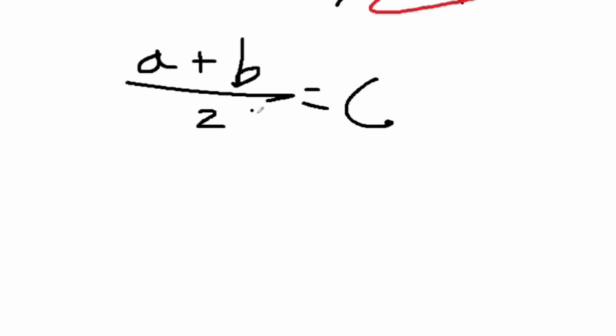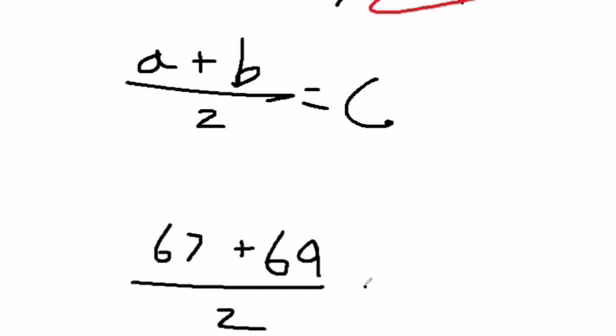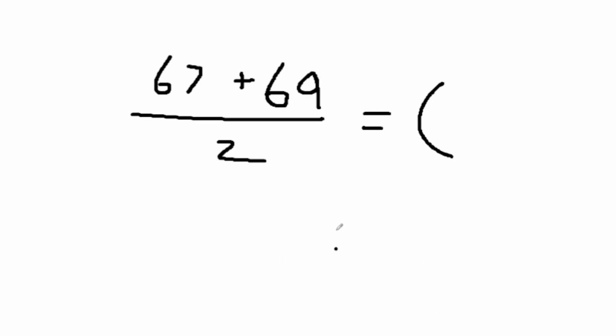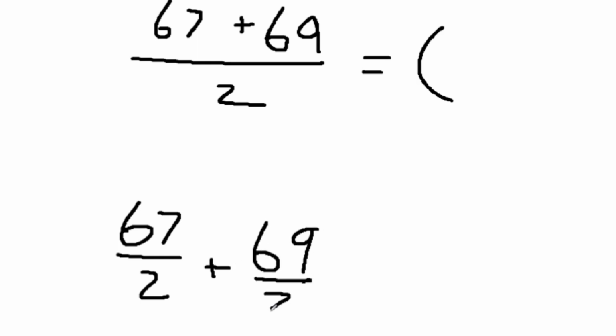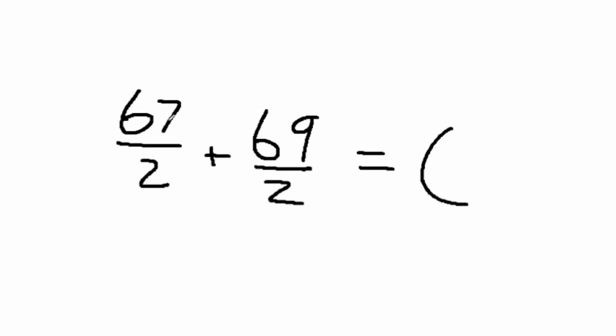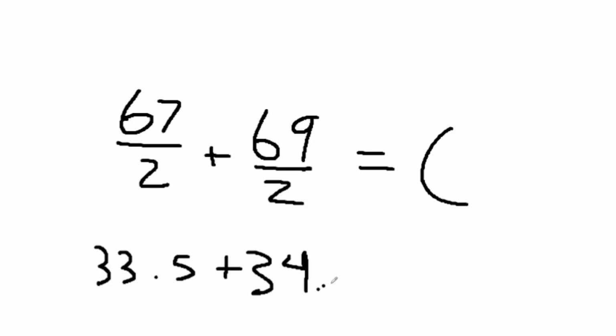Let's factor in a and b, which is 67 and 69, so 67 plus 69 over 2 is equal to c. Okay, so now let's break these two up. So we have 67 over 2 plus 69 over 2 is equal to c. 67 over 2 is the same thing as 33.5, and 69 over 2 is the same thing as 34.5. And this is all still equal to c.